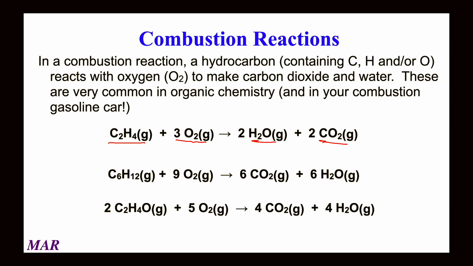And that works really well on these first 2 examples. So for the first one there, C2H4, you end up with 2 CO2s and 4 hydrogens becomes 2 waters, and you can balance the oxygen, and the same thing for the next one. Now, the last example is a little different though. First of all, sometimes reactants have oxygen in them as well, so it's carbon, hydrogen, and oxygen, and you've got to be super careful about that.